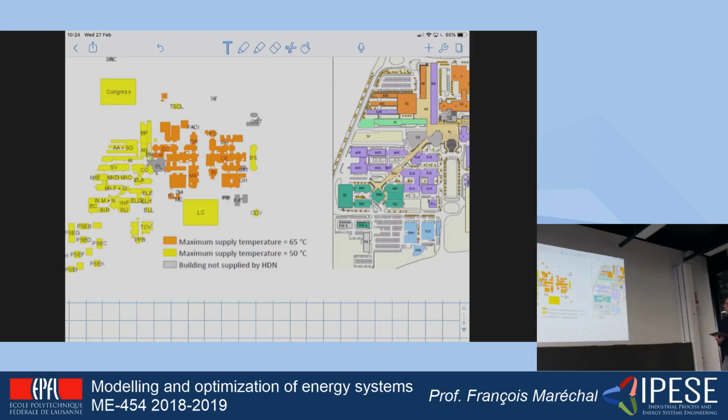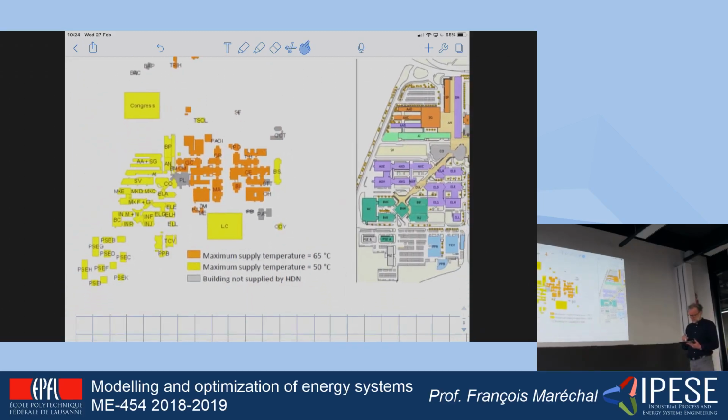So you have the old part, the part that is here in orange. That is, in fact, the part that is heated with high temperature. So those are all the old buildings, in fact. And then the yellow part, which is heated with a lower temperature district heating system.